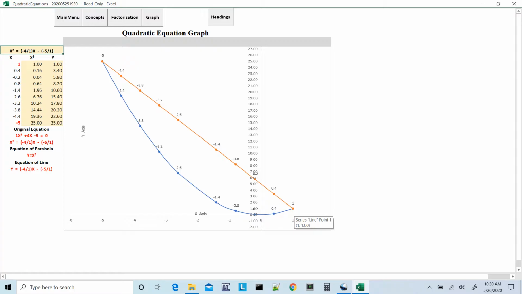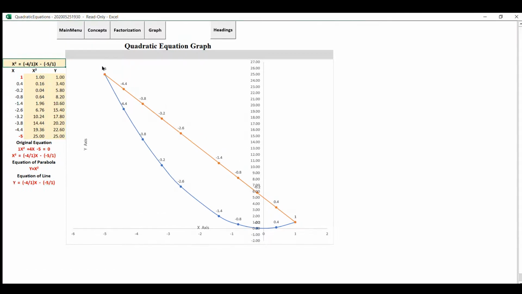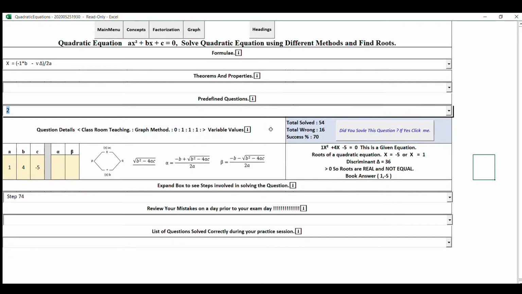So the two possible values for this equation are 1 and -5. Now if you want to verify that, see here, it has used the algebraic method also, and it has solved. x is equal to -5 or x is equal to 1. So this is the way the graphical method is used to solve the sum.